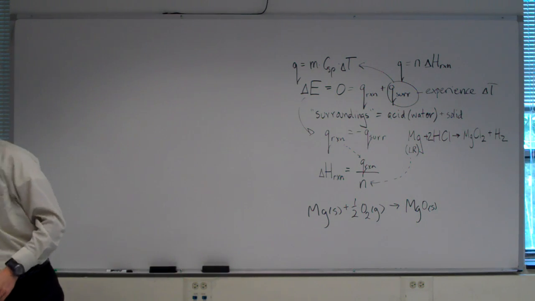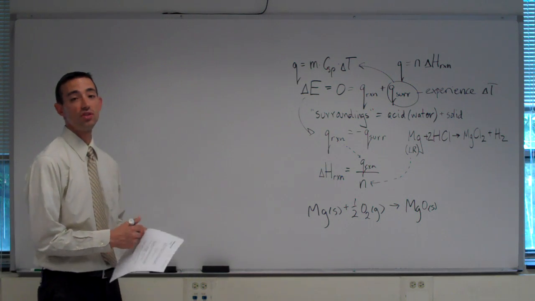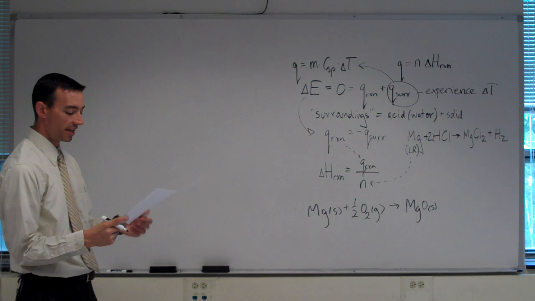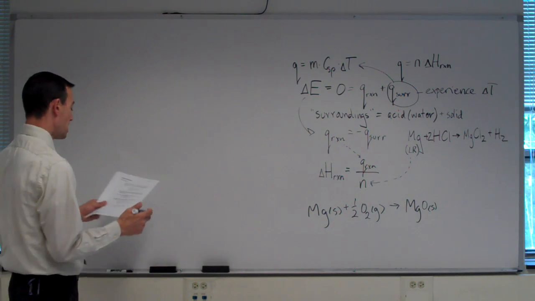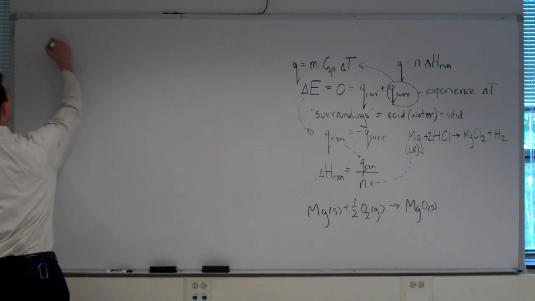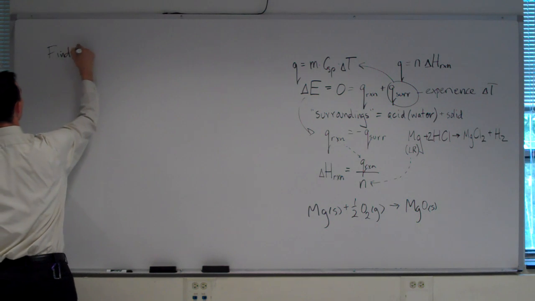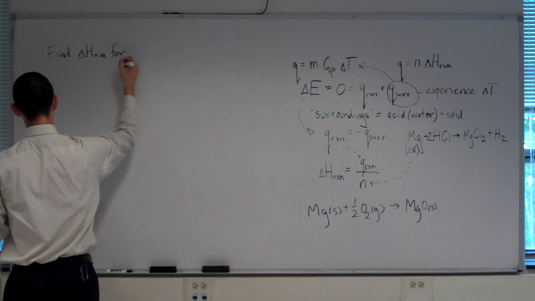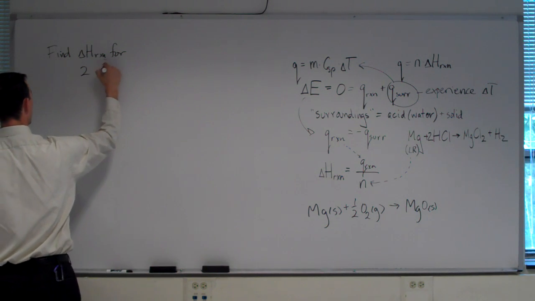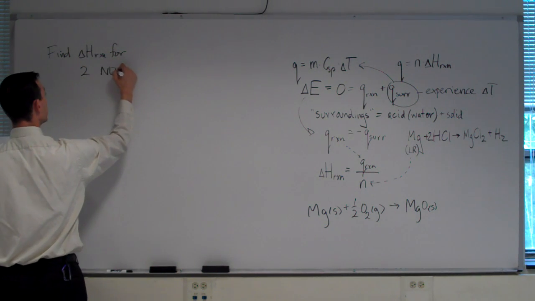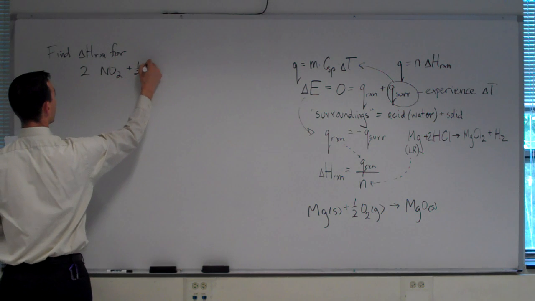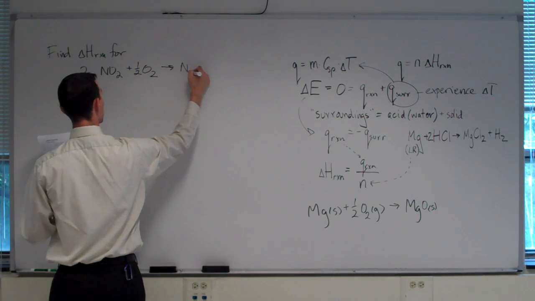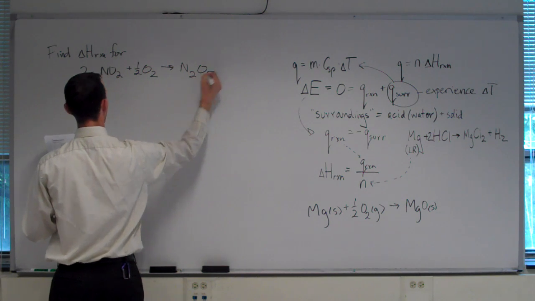One of your pre-lab questions asks you to practice using Hess's law in addition to your practice that you've been doing in class. It says to find delta H reaction for 2 NO2 plus half a mole of O2 to produce N2O5.